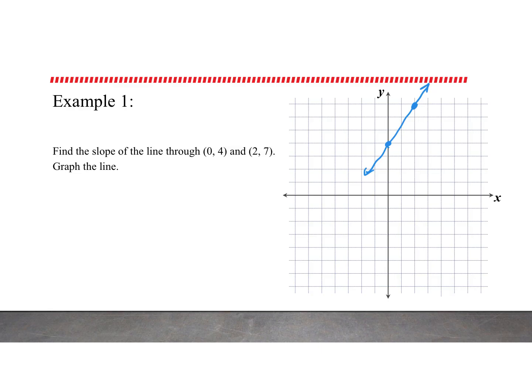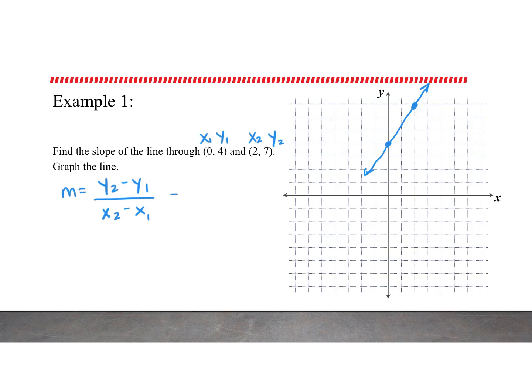So I like to label my ordered pairs x1, y1, x2, y2. That way I don't lose track of which number goes into which spot. And the fastest way to memorize any new formula is to get in the habit of writing it with the variables in it prior to plugging into it. So every time you use it, if you write it, it starts to just kind of work its way into your memory.